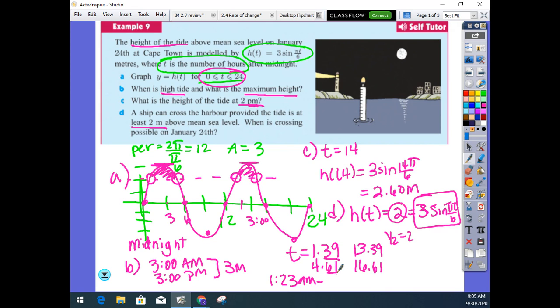Take your decimal 0.61 times 60, and you get 4:37. So they can cross any time between this time period. Then we're going to do the same thing for the 13 and the 16. It just ends up being the same, right? 1:23, it's just PM for both of them. And then we're done.